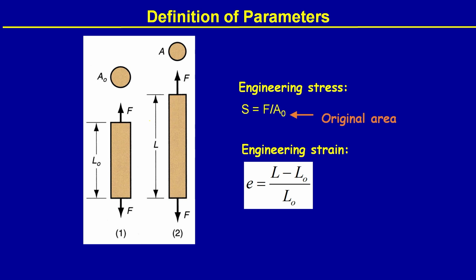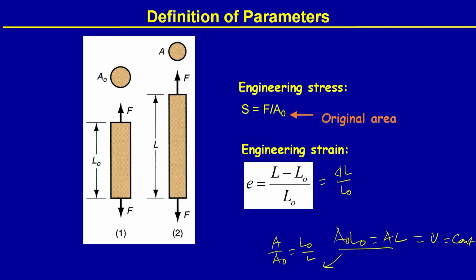A0 L0 will be equal to A L, because that volume is constant, obviously. On the other hand, we can write A by A0 is equal to L0 by L from this equation. You can clearly see it is possible to write that. What about strain? Strain is defined as the change in length divided by the original length, that is called engineering strain.